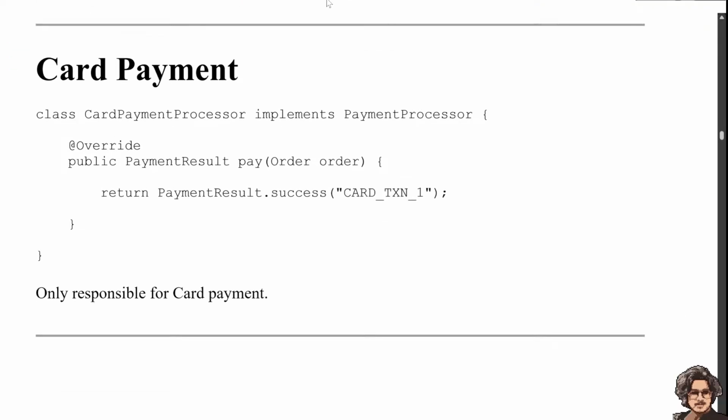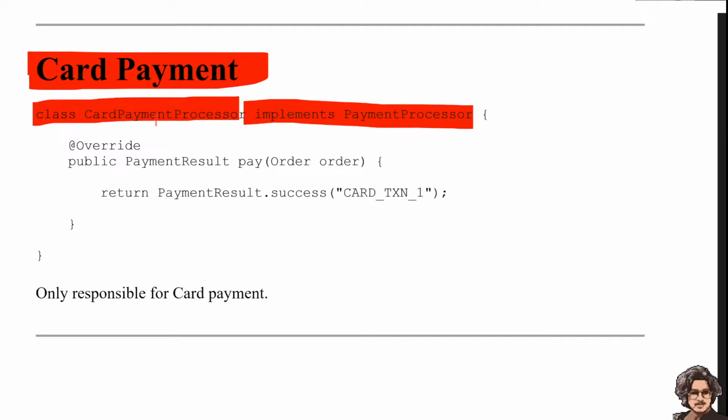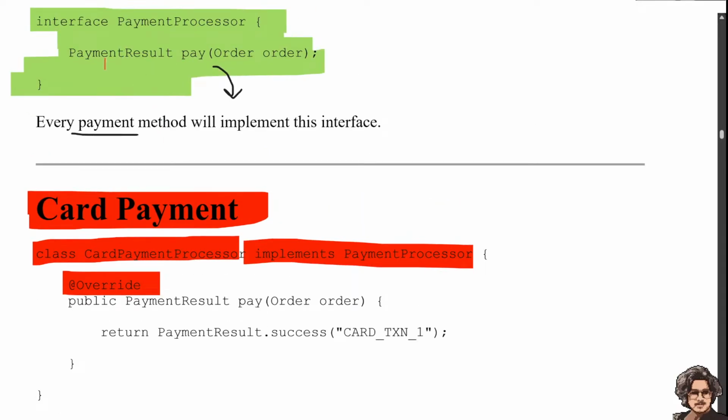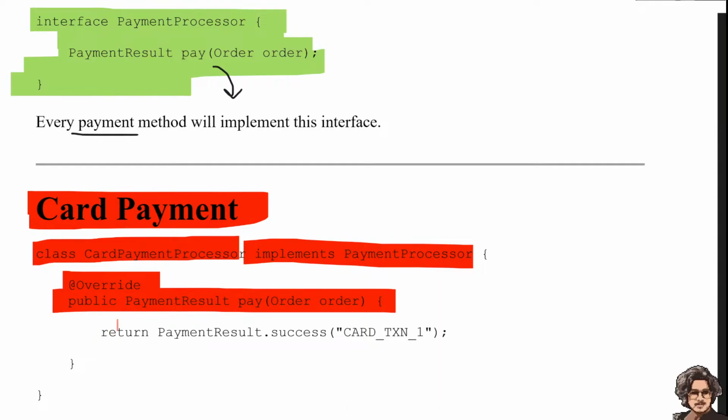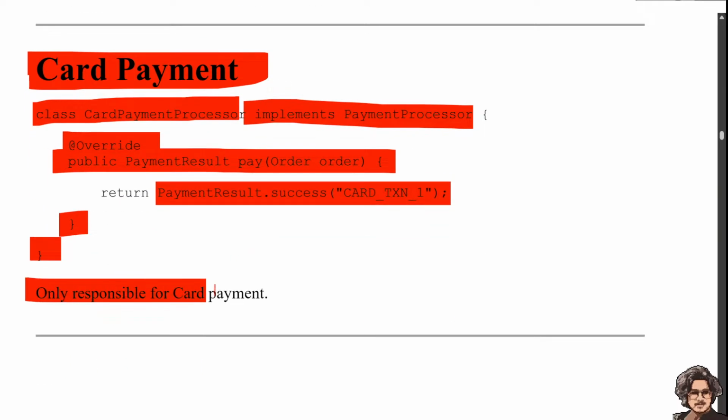First of all, we have the card payment method. Inside, the class CardPayment implements the PaymentProcessor and overrides the method public Result pay(order), returning PaymentResult.success with the card transaction. It is only responsible for the card payment.